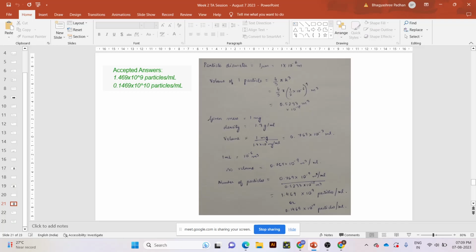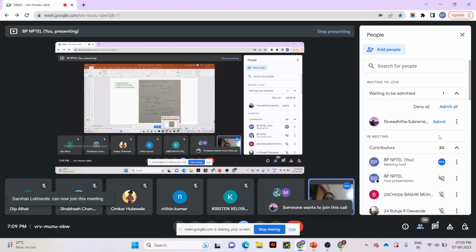And hence the total number of particles would be this volume divided by volume of one particle, which is 0.769 into 10 power minus 9 upon 0.5233 into 10 power minus 18. So the answer we get is 1.469 into 10 power 9 or 0.1469 into 10 power 10 particles.